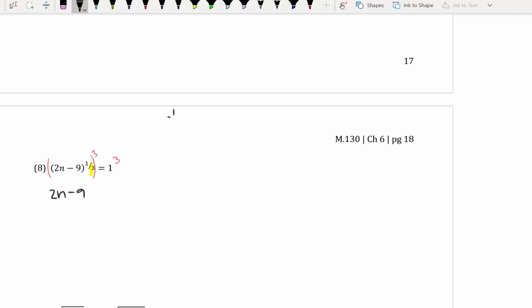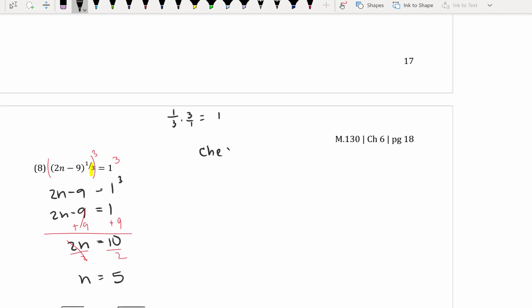And if you think about it, 1/3 times 3 is just 1, so it cancels each other out, and I have 1 to the third power. But 1 to any power, so 1 to the third power in particular, is just 1. So now I'm going to add 9 to both sides, so that 2n is equal to 10. From here, divide by 2 on both sides, so that n is equal to 5.